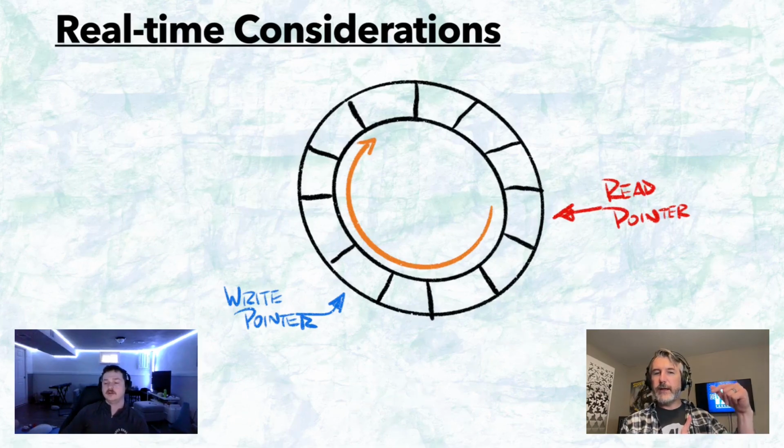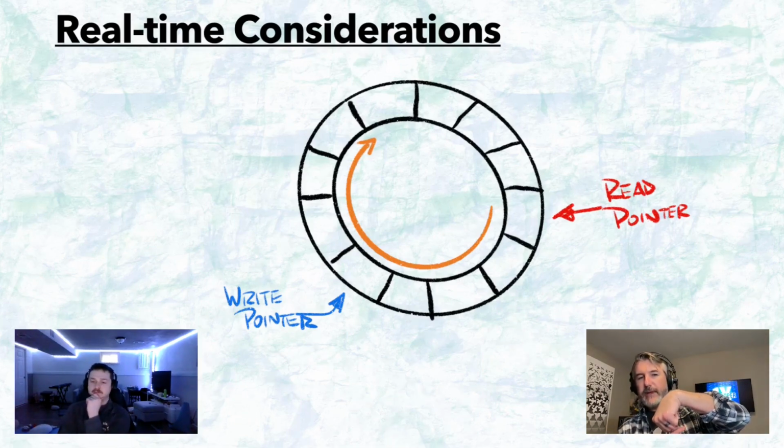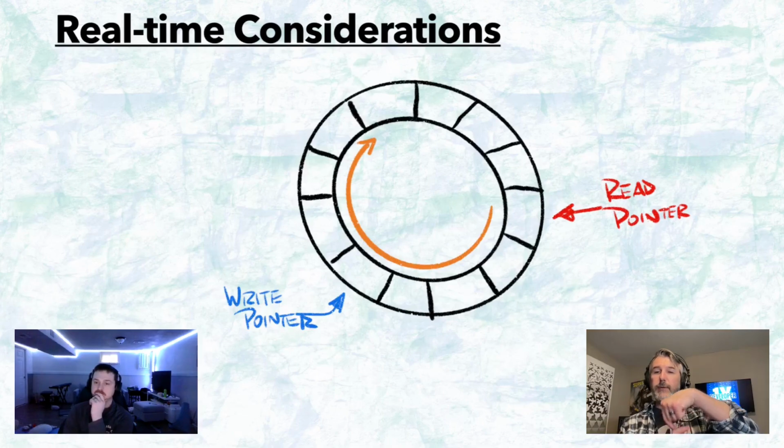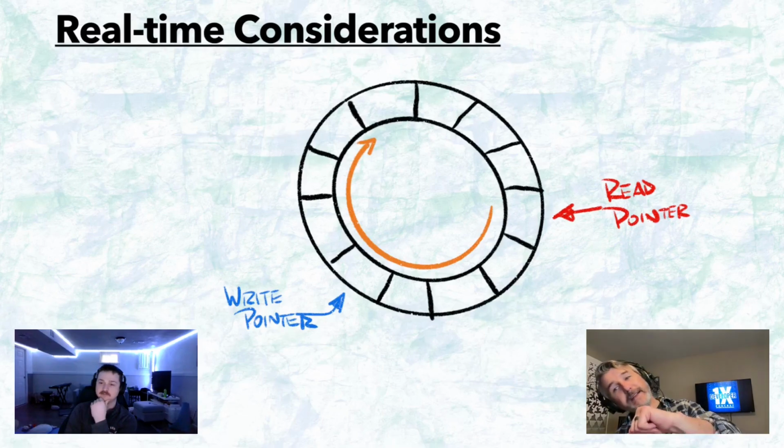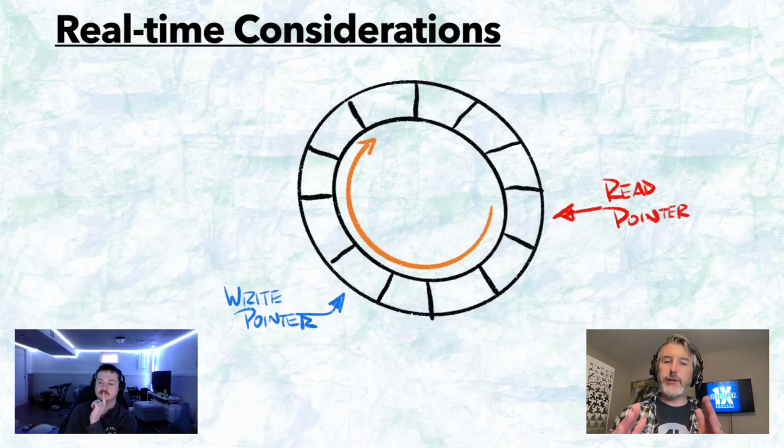If you write data that hasn't been read yet, that's a problem. If you read data that hasn't been written yet, that's also a problem. The chunk of memory in between the read pointer and the write pointer is what's valid, essentially.